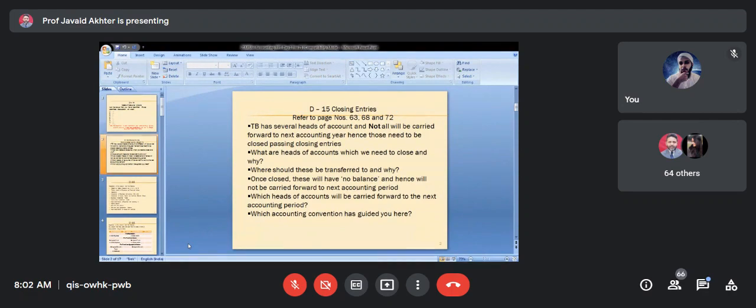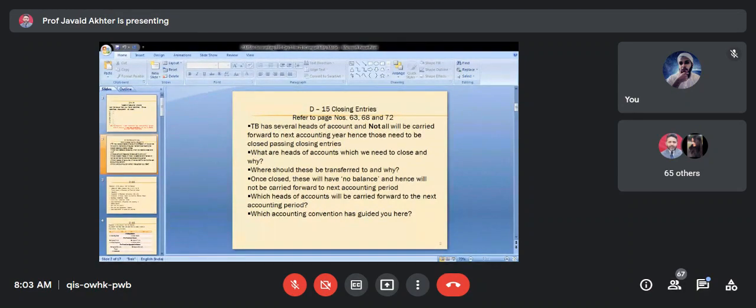But the procedure requires that closing entries are to be passed, then the profit and loss account and balance sheet are to be prepared, and then opening entries are to be passed, and the process continues. So to follow the procedure, you have a trial balance which has some balances on the debit side and some on the credit side. Isn't it? This is what you have.